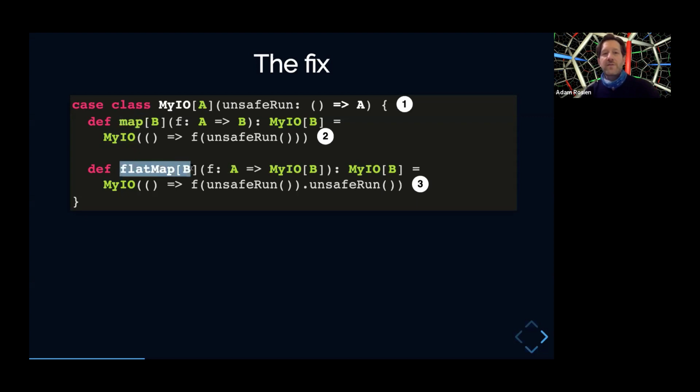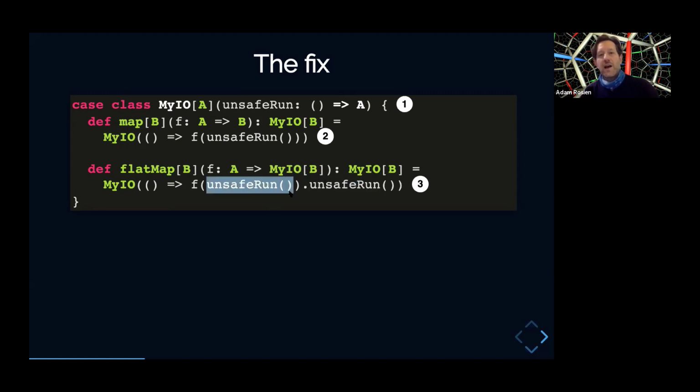And similarly for flat map, we can construct a new my IO that when it's run, not now, but later, we first run the original, we get an A, we call F on A, that gives us a my IO of B. We're supposed to return a B, so we call unsafe run on that thing. So this is where you can see the sequencing happening.